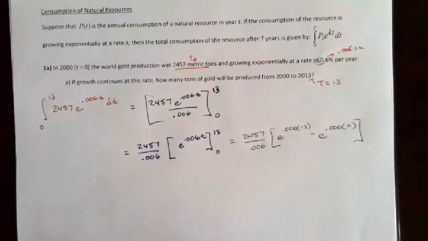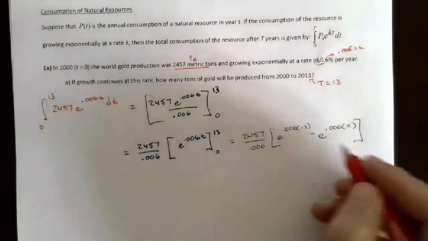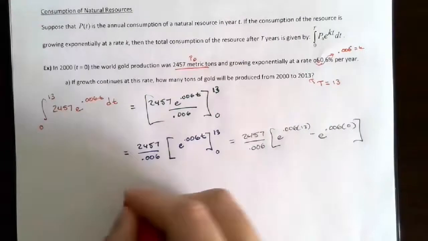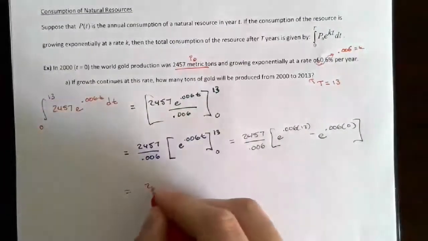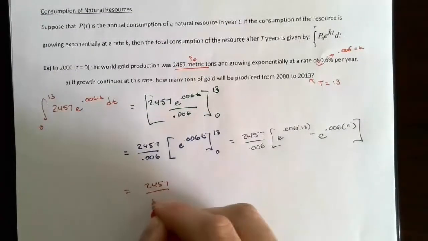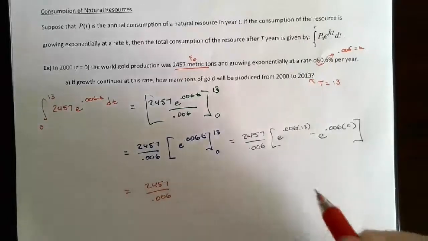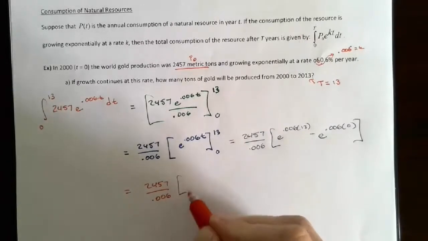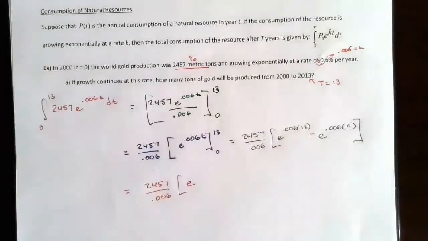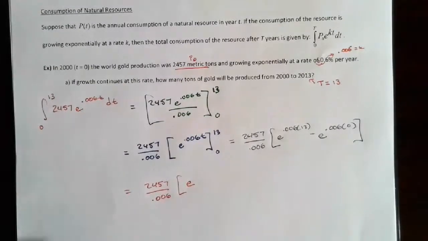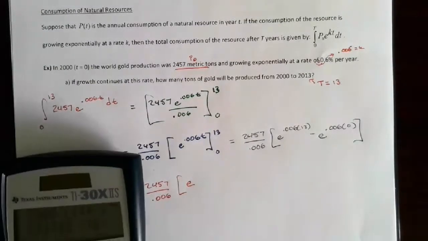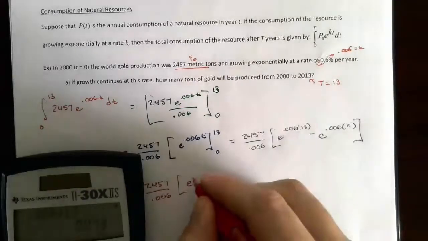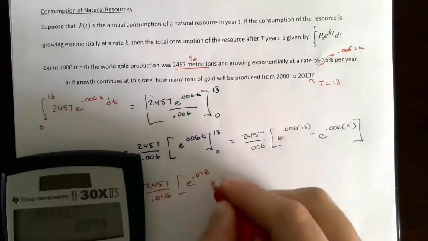And we know that this last term is equal to 1. So we've got this whole thing equals 2457 over 0.006 times e to the 0.006 times 13. If you wanted to multiply that out right now, you could. 0.006 times 13 would be 0.078, minus 1.